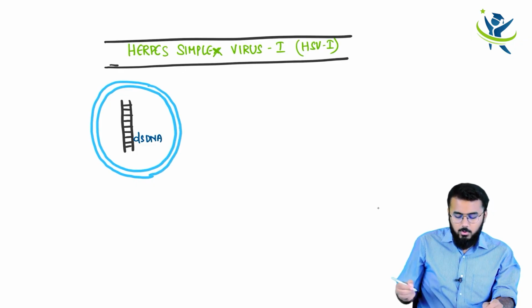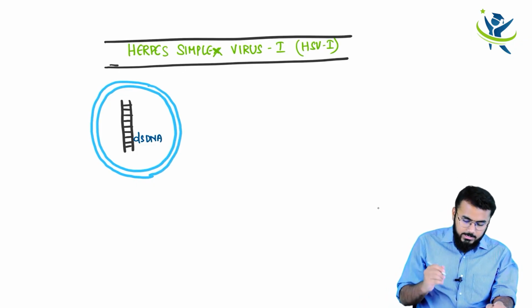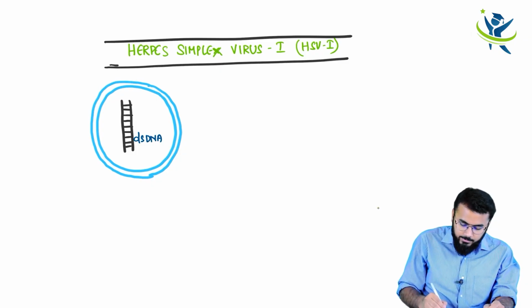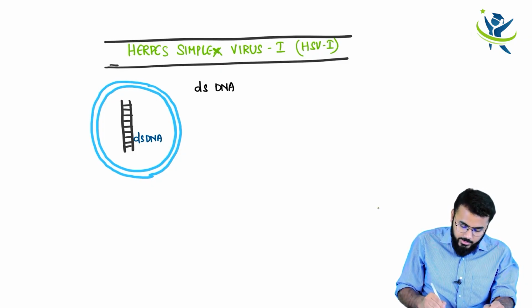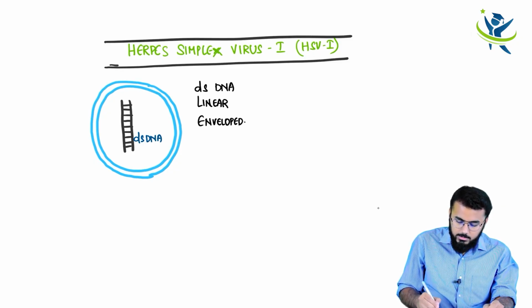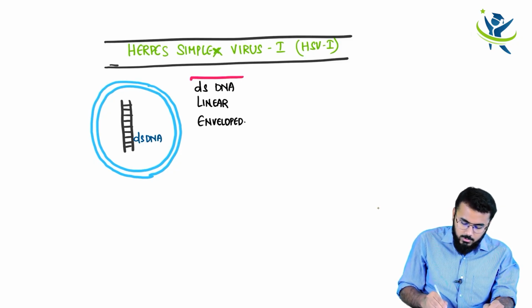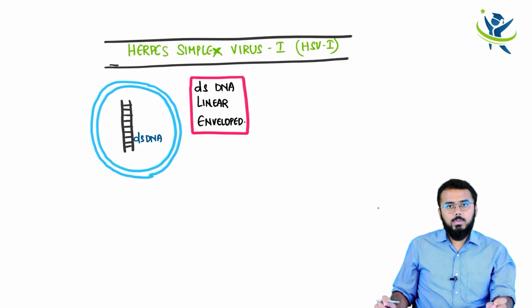If there is no envelope, you call it naked. So what can I write here? It has a double stranded DNA, which is linear, and this double stranded DNA is enveloped. This is one of the important things which you need to remember.